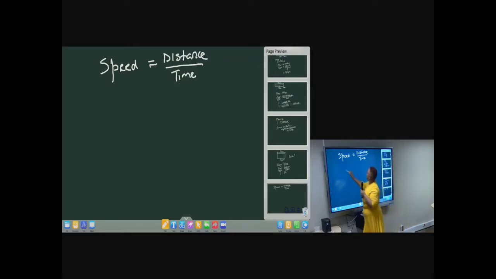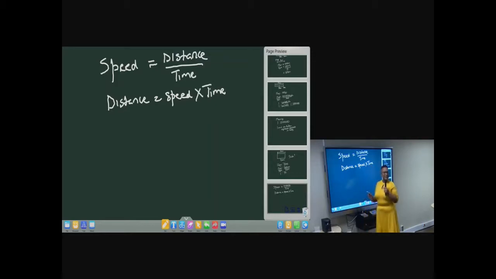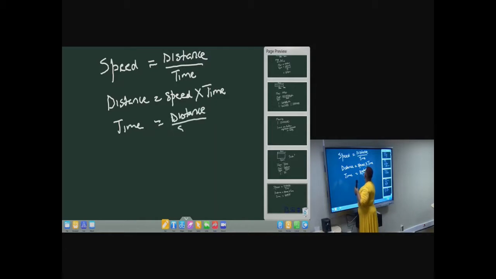I want to incorporate it into this lesson because it can be written as distance is equal to speed multiplied by time. I want you learners not to think that it can be written in one way only, or it can be time is distance over speed.